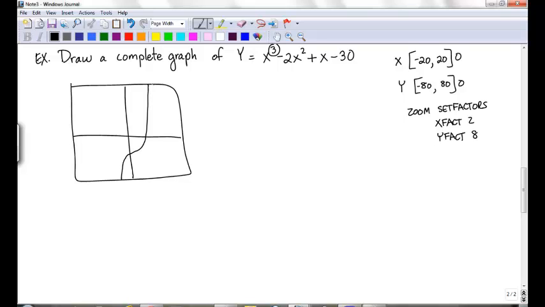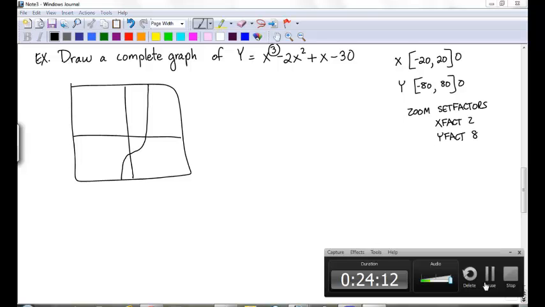Now, what the author will say is, is that a complete graph? If you put that graph on your paper, is that a complete graph? What do you have to show? X and y intercepts. And I'm showing the x and y intercepts. And what else? Max and min.